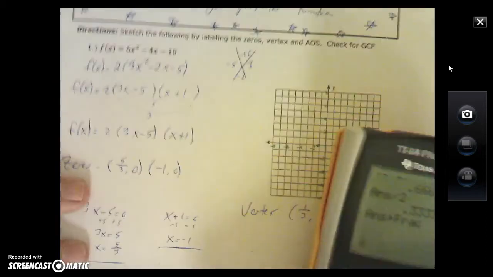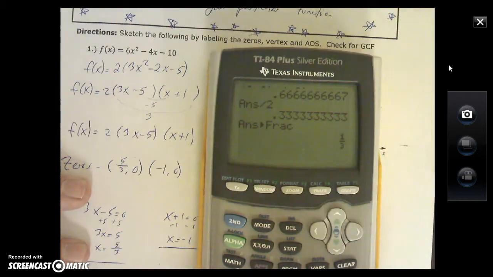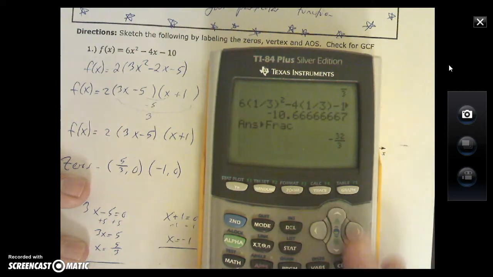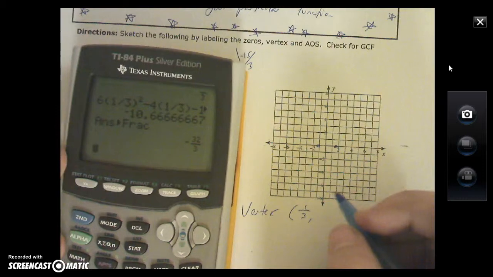If I plug 1/3 back into my original function, 6 times 1/3 squared minus 4 times 1/3 minus 10. Negative 32 over 3, or negative 10.66.